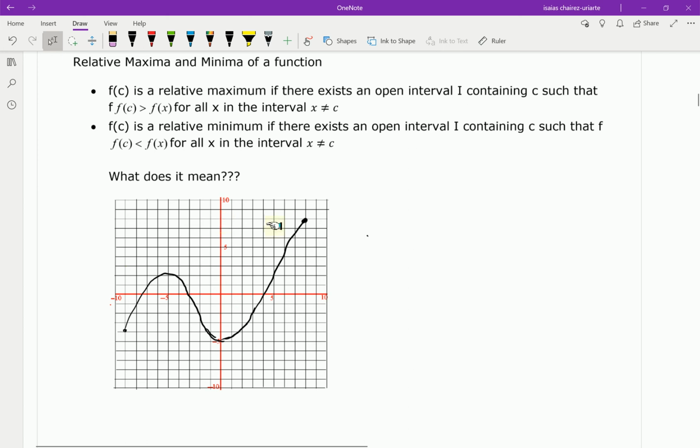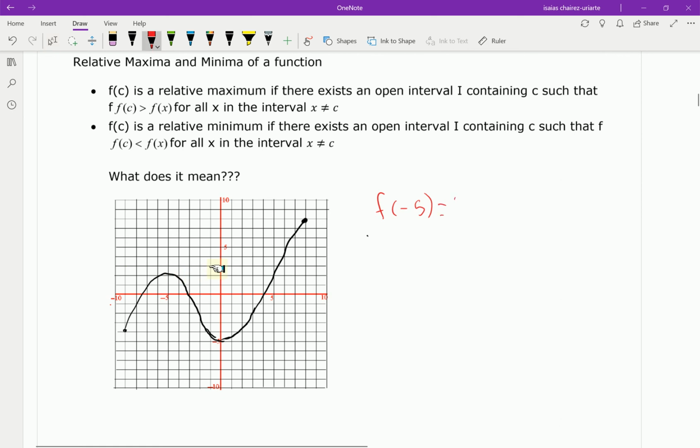So let's look at this picture here. I am going to say right now that f of -5, what is f of -5? So if my x is -5, what's my y? It's about 2. Let's just say that it's 2.